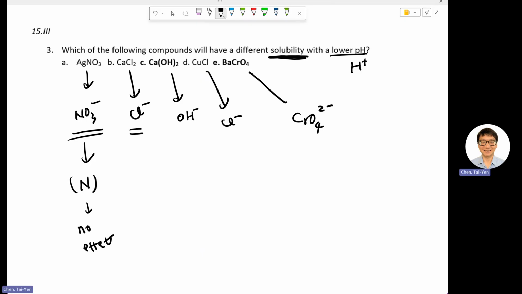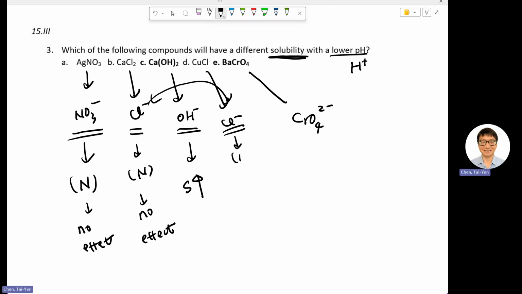Again, a strong acid, therefore this one is also neutral, and no effects. The third one, OH minus: when you put it into an acidic solution, they're going to consume each other and push the equilibrium to the product side. Therefore, the solubility is going to increase. Cl minus, same thing again. It's going to be neutral, therefore no effects.